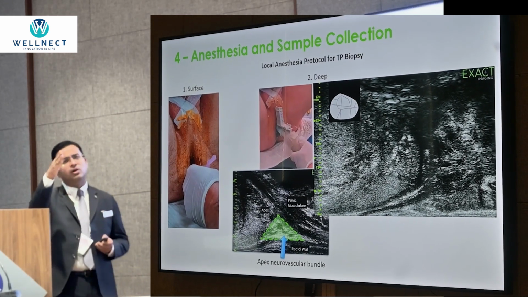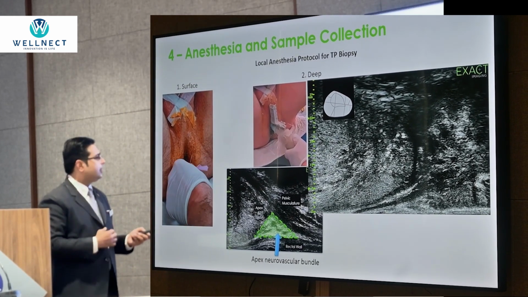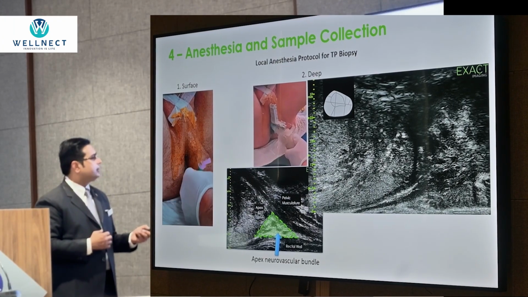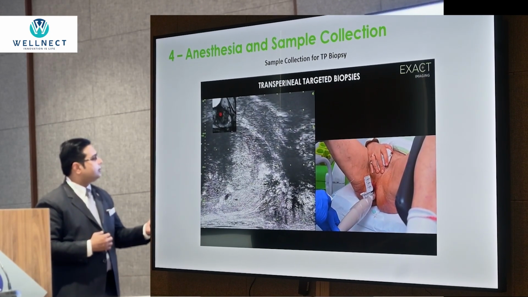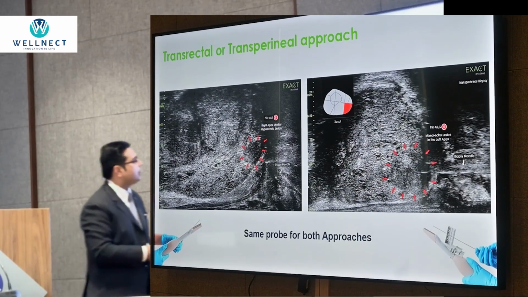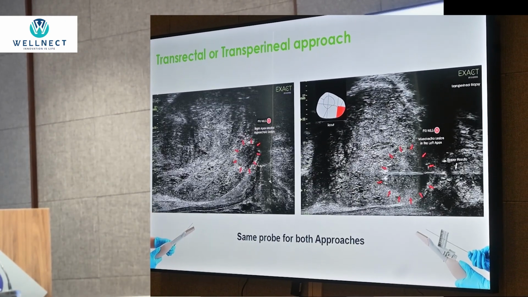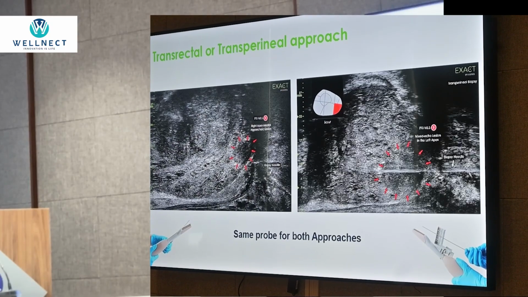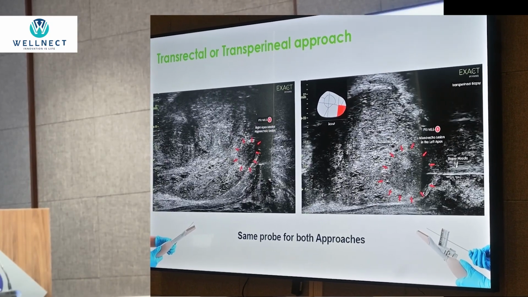It is similar to a BK linear grid, or you could use any of the devices. This is a comparison of how the needles are visualized with the same probe. This is a hands-on transperineal, and this is an angled, laterally directed biopsy.